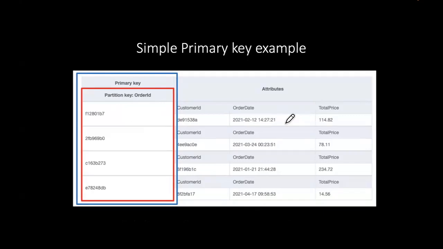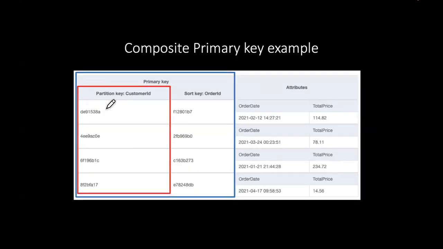Now I could first of all decide maybe I'm going to choose a simple primary key for this table, and the primary key is going to be the order ID. That's what I'm saying over here. And it's a simple primary key, and certainly every order will have a different order ID. So that's a suitable primary key for this table. And in this case, the partition key is the order ID.